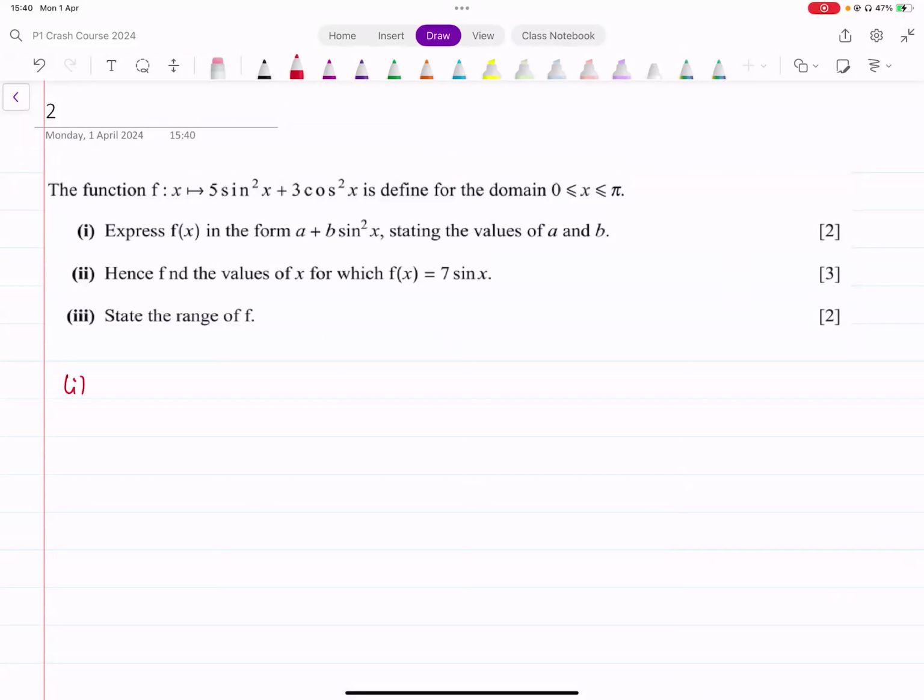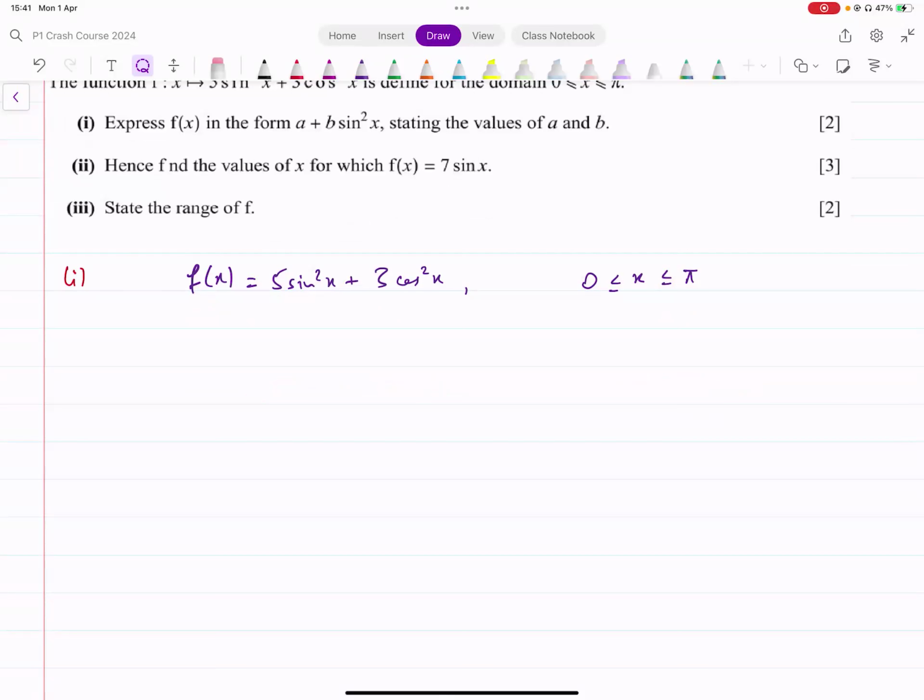So you have this function f of x equals 5 sine square x plus 3 cos square x, and the domain is from 0 to pi. The first part asks you to convert it to a plus b sine square x. We could try that quickly.